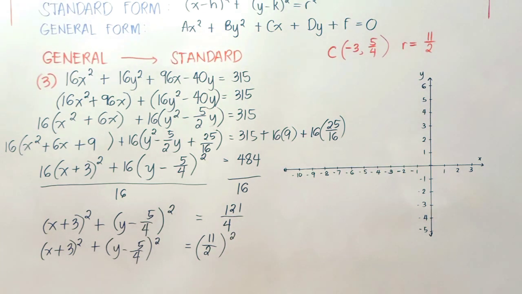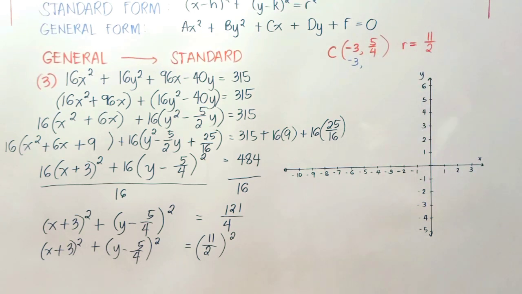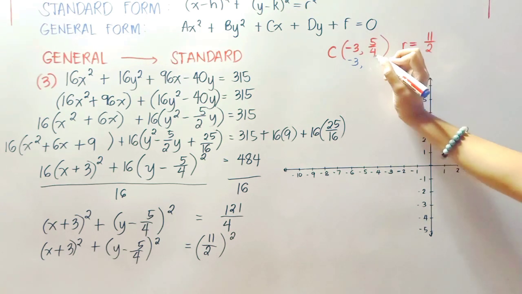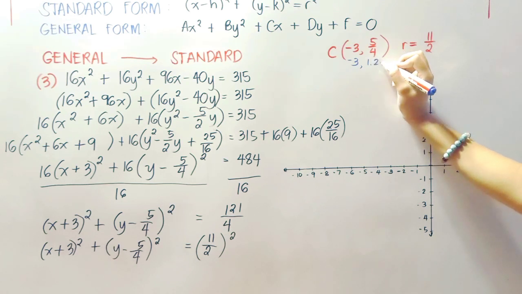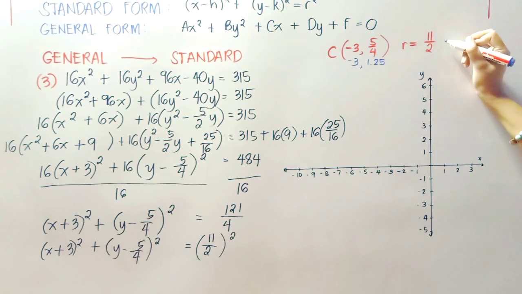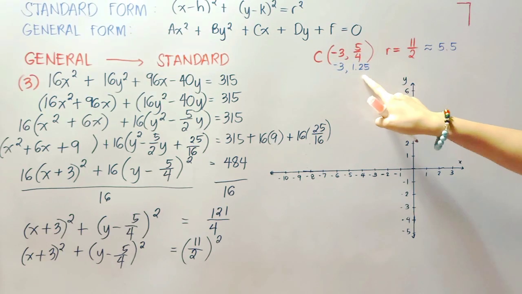So to make it simple to plot, let's have the decimal form here. So this is -3 and that is 5 divided by 4, which is 1.25, and then 11 over 2 is equal to 5.5. Let us now plot the center.